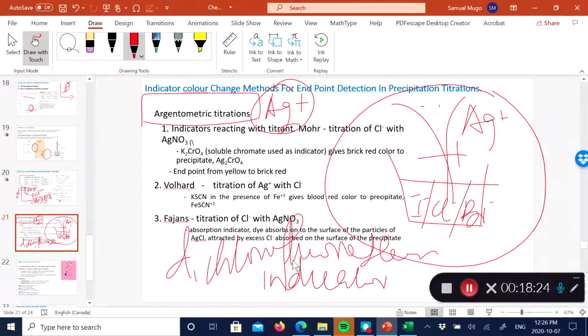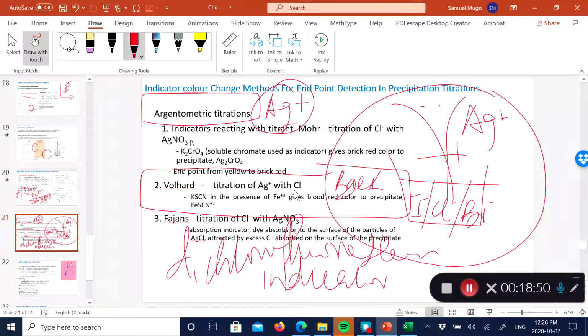So this one is an adsorption indicator, and this one is also a direct titration, meaning the chloride is being added to the silver, and is a direct reaction. And lastly, you have what you call the Volhard type of argentometric titration, and this is what you call a back titration.